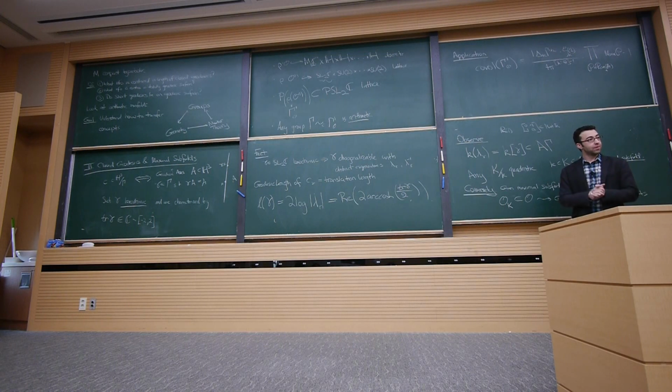And geometrically, is there an interpretation? Yeah, geometrically, what that means is you get two commensurable manifolds where one will have geodesic lengths that the other doesn't.